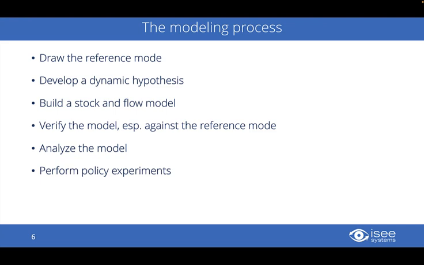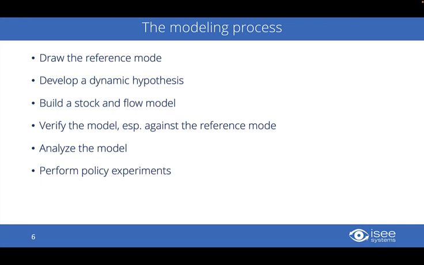A reference mode is a behavior over time graph that shows us the problematic behavior that we're trying to address. So a reference mode is generally a line graph that plots over time the problem that we're trying to understand and change.